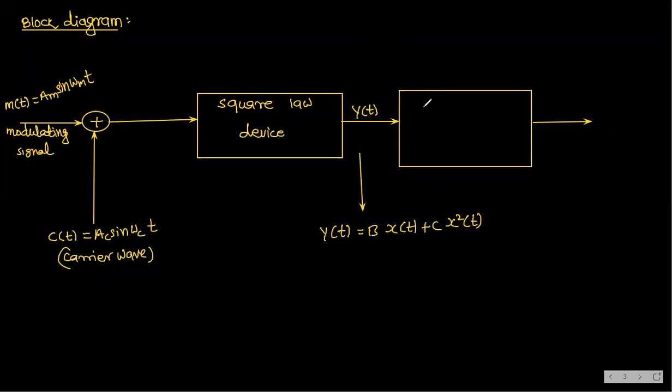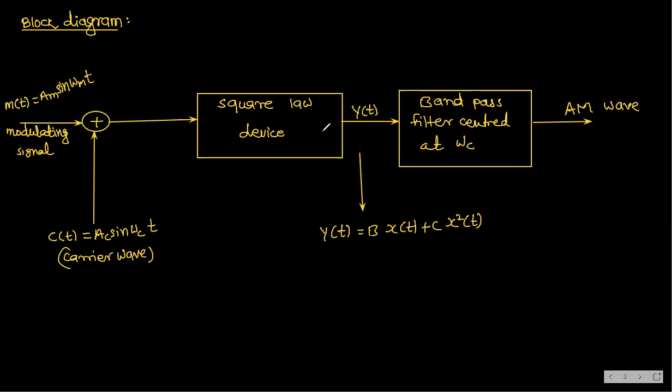Now this box is a band pass filter, centered at omega c, and this side is your AM wave, the amplitude modulated wave.